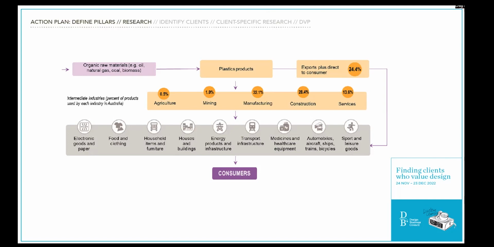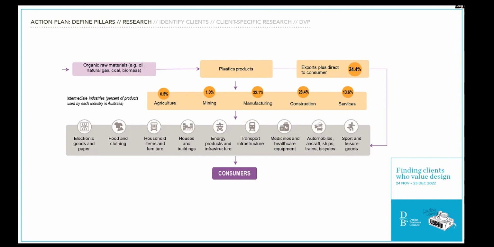It's an encapsulation of what happens in the plastics industry in Australia, and it's spread across agriculture, mining. Manufacturing is the largest part of the use of plastics, construction, and then services, which is largely also the household type products.